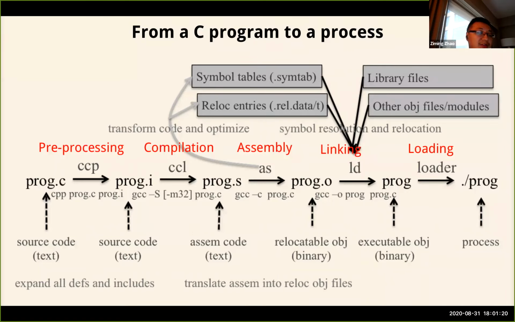C obviously is a high-level programming language. It cannot directly run on any machines. So we need a compiler to convert it into an executable code, which consists of instructions of a specific machine.